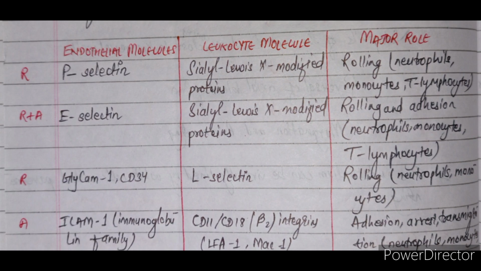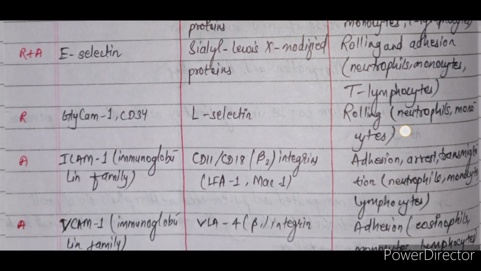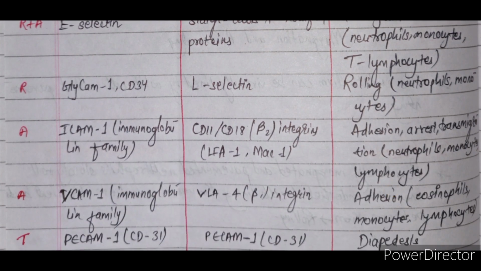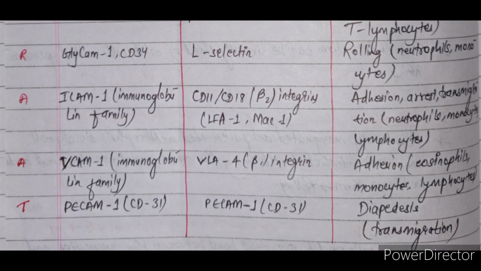The molecules of endothelial cells are P-selectin, E-selectin, glycam-1, also known as CD34, ICAM-1, of the immunoglobulin family, BCAM-1, also of the immunoglobulin family, and lastly PCAM-1, that is CD31.